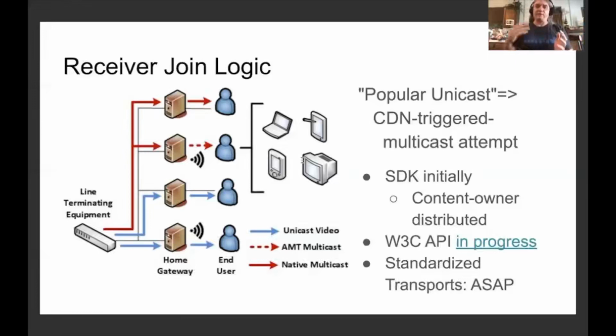And then the headers will start coming to the receiver to tell it that there's multicast traffic that you can use to get this instead. It'll join those flows, and if it does start getting multicast traffic after that, then it will stop using the unicast. This requires putting out an SDK of some sort, something on the receive side at least.